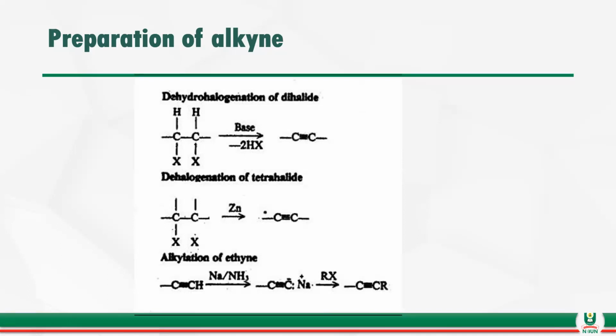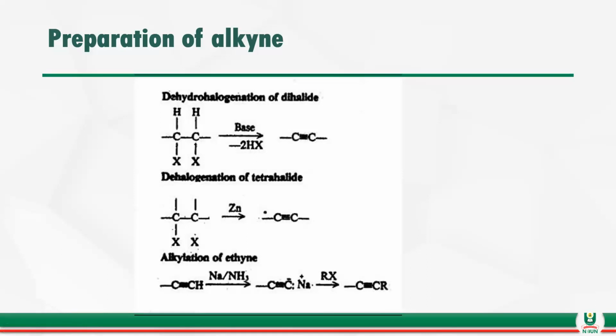If you remember that, then it simply shows that if we are going to prepare an alkyne, we just need to have 2 halogens so that we carry on the same dehydrohalogenation. But remember, in alkene, we had only 1 halogen, but in alkyne, there will now be 2 halogens. So you can see what we have as number 1 here, the dehydrohalogenation of dihalide. This dihalide here shows that what you want to prepare is an alkyne. If it's not an alkyne, you remove the di here and just say halogenoalkane, and that will give you an alkene.